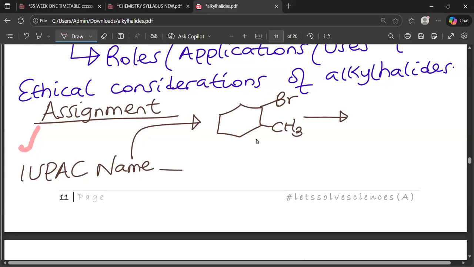I want the IUPAC name of that. Also the IUPAC name of that.